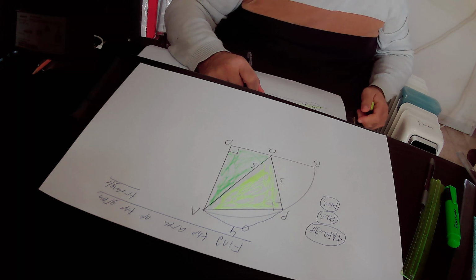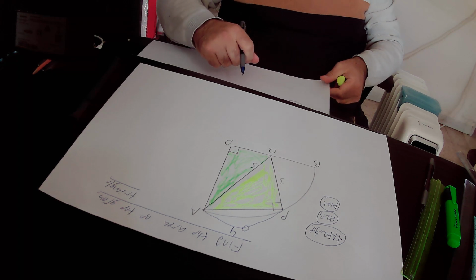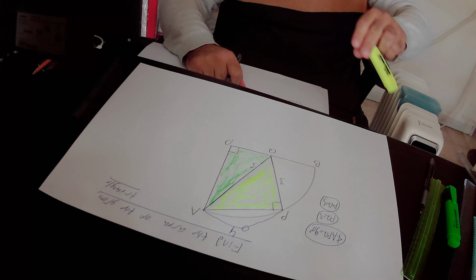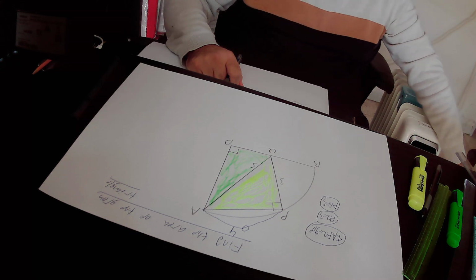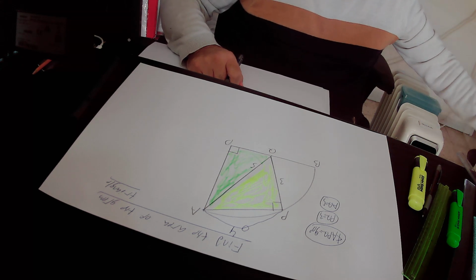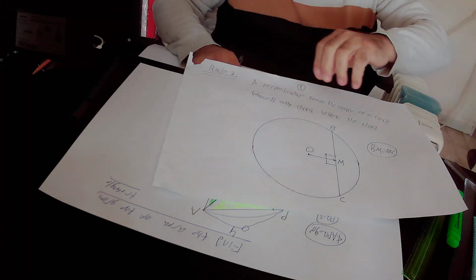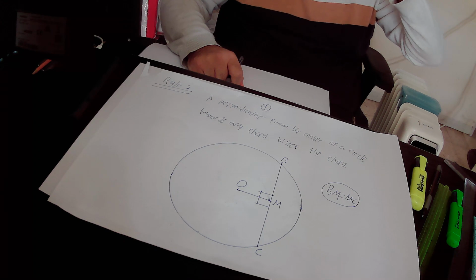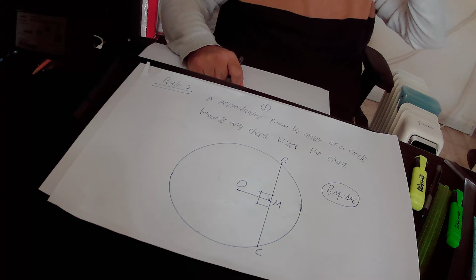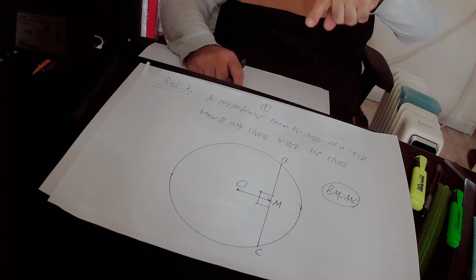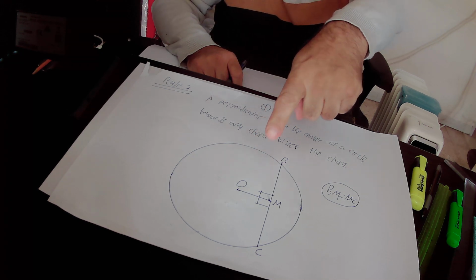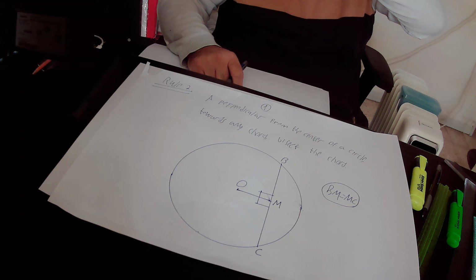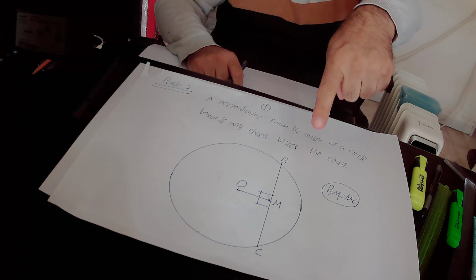In the next step, I present to you a new rule, and we'll implement the new rule in our drawing. According to the new rule, that is actually rule number 2, a perpendicular from the center of a circle towards any chord bisects the chord. The center of this circle is at point O, and from point O we go perpendicular on chord BC.